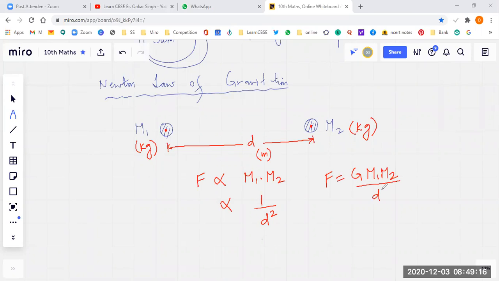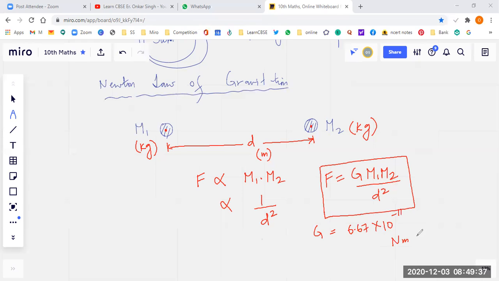This is the universal law of gravitation. Here the value of G is 6.67 times 10 raised to the power minus 11 newton meter squared per kg squared.